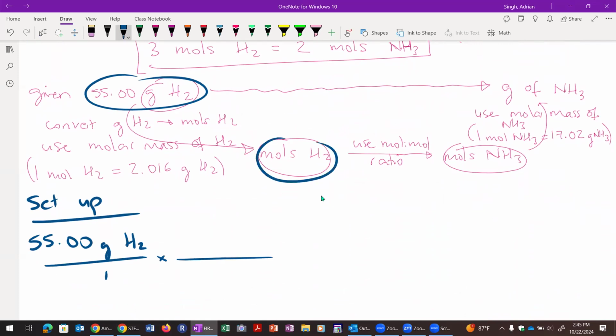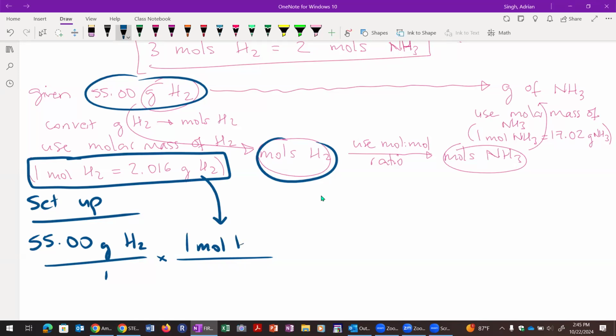We're going from grams to moles, using the molar mass, which is this thing here. We're going to insert it as a conversion factor. If I want to end up with moles of H2 in this first step, I'm going to put that on top. So every 1 mole of H2 is 2.016 grams of H2. Grams go away. Okay, so I'm at moles of H2.